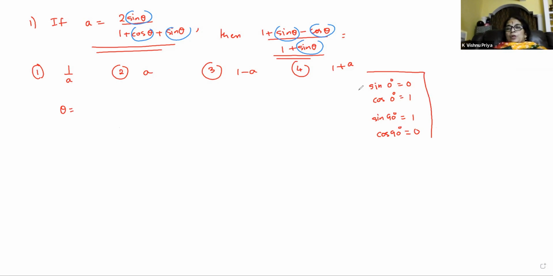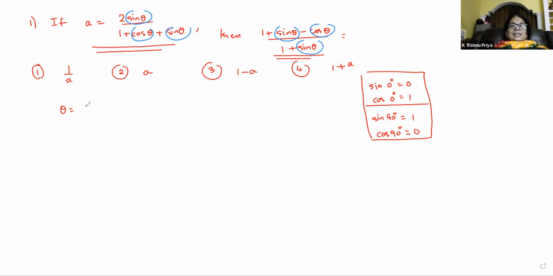So you must be good with these values, and they are very easy to remember also. If you know them, this kind of problems will be easy for you. So as I said, you have to take theta as 0 degrees or 90 degrees.